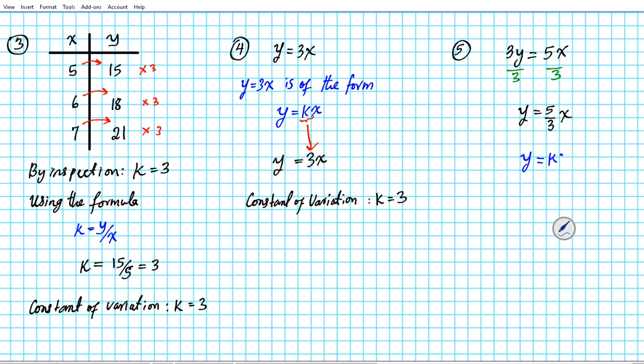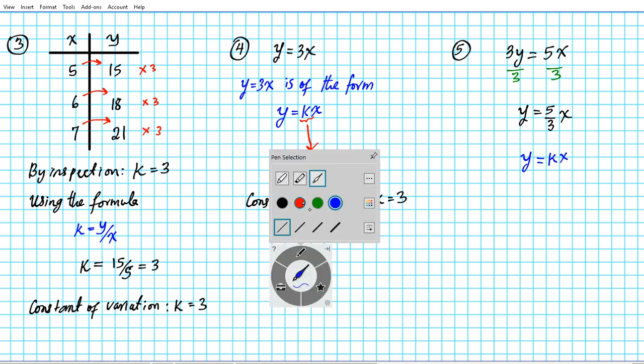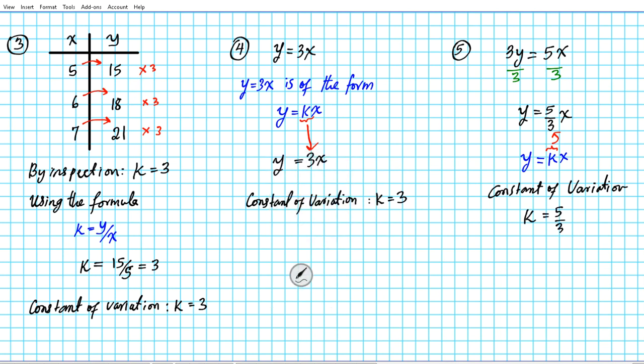Can you see what the constant of variation is here? It's the coefficient of x. So k in this problem is just 5/3. Our constant of variation for number 5, given by the letter k, is 5 over 3.